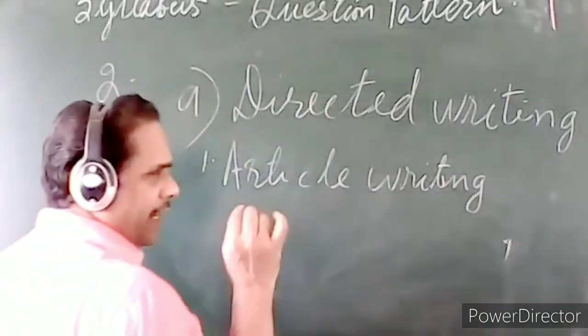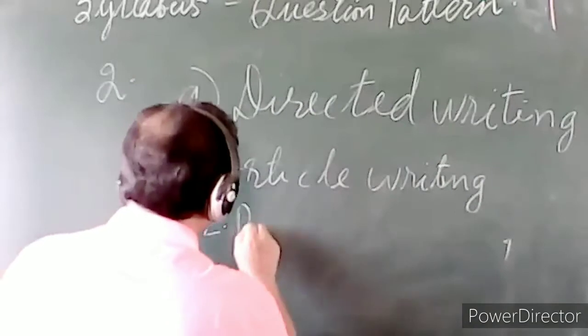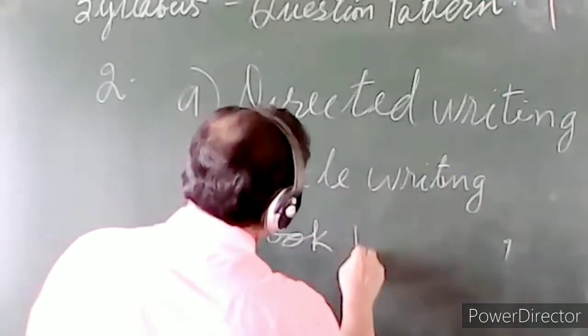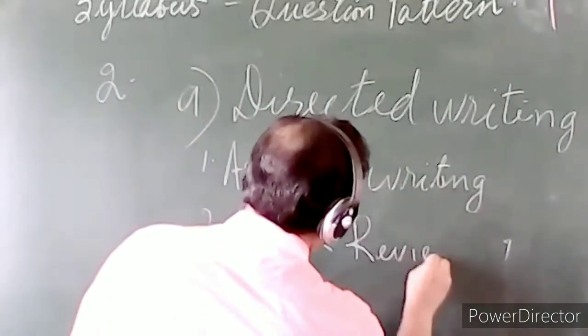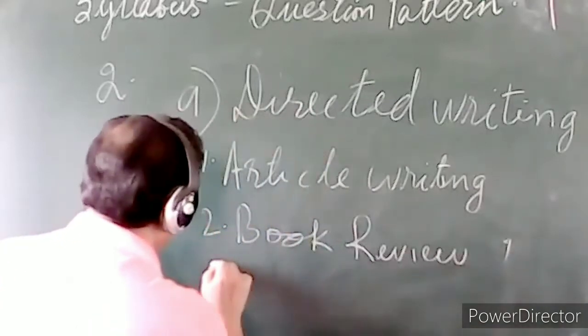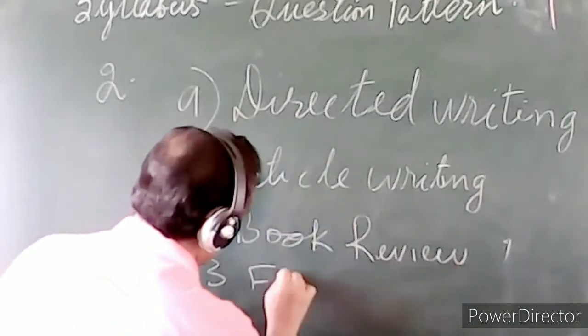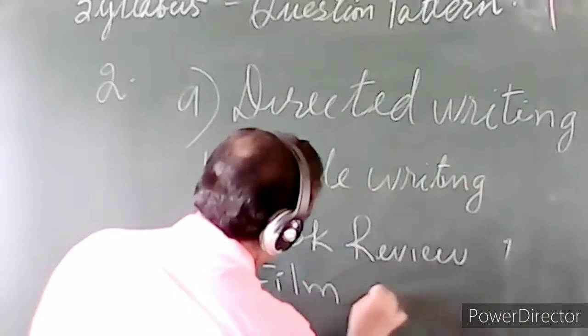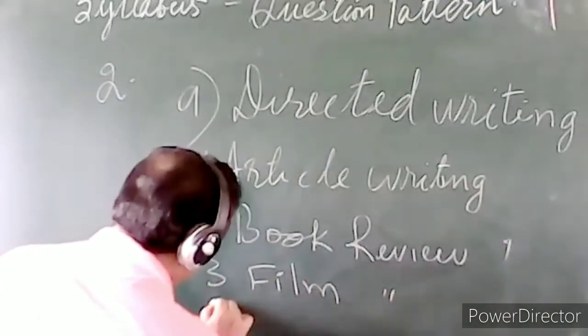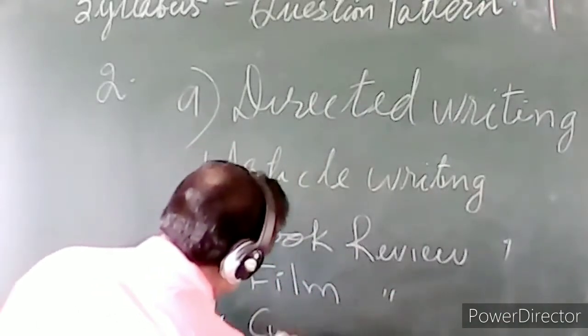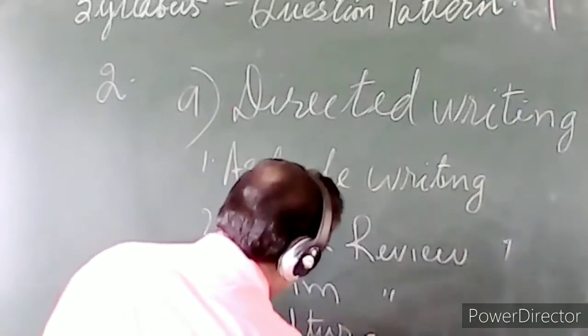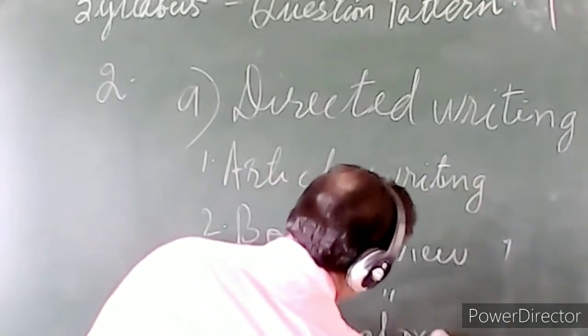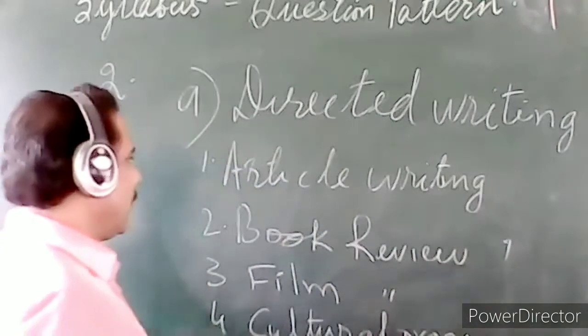Then you have reviews, 3 kinds of reviews: book review, film review, and a cultural program review. So 3 reviews.